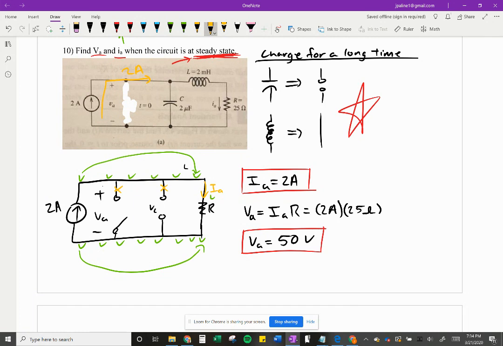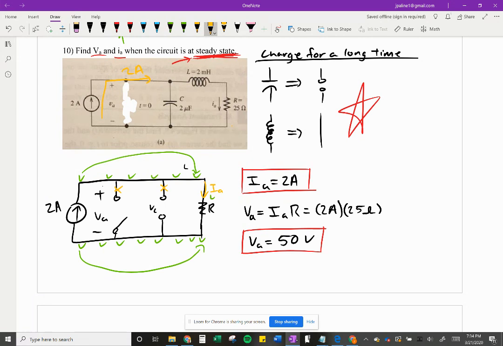But if they want this at steady state, we need to take this circuit and redraw it at steady state to see how they're interacting. So if it's charging for a really long time, we know that the capacitor is going to act like a clipped out wire. It's going to reach a point where it can't accept any more voltage, it can't store any more, and it'll clip itself out of the circuit.